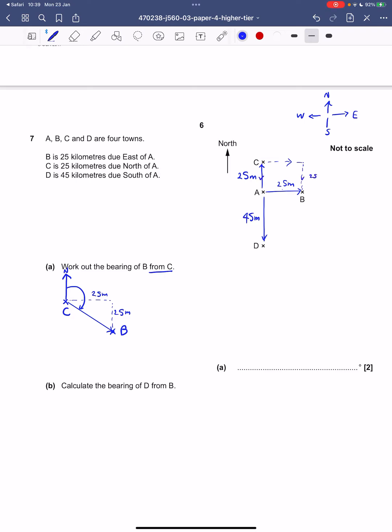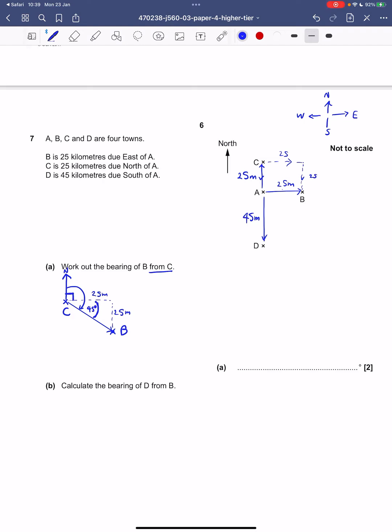So that's 25 as well, and that's 25. Because this is 25 and this is 25, when they're the same, this is 45 degrees. If they were different, you'd have to use your calculator, depending on what the numbers are. So this part here is 45 degrees.